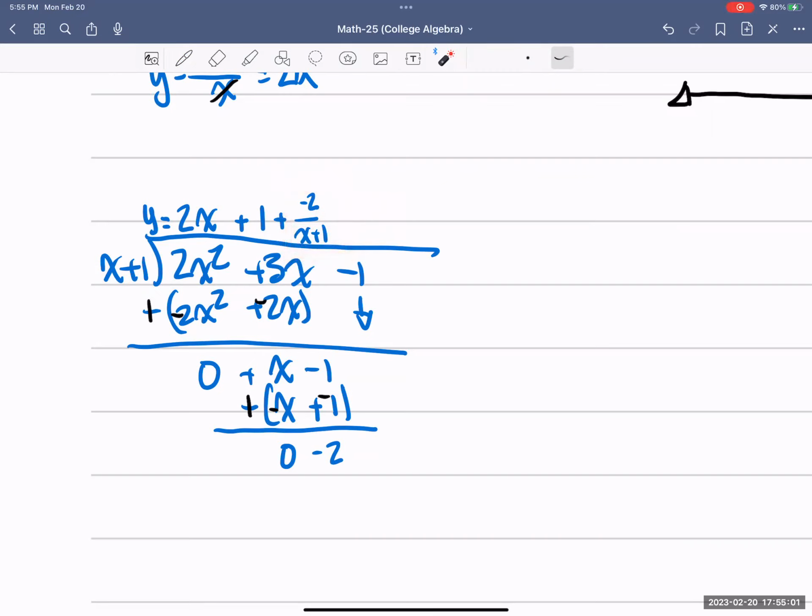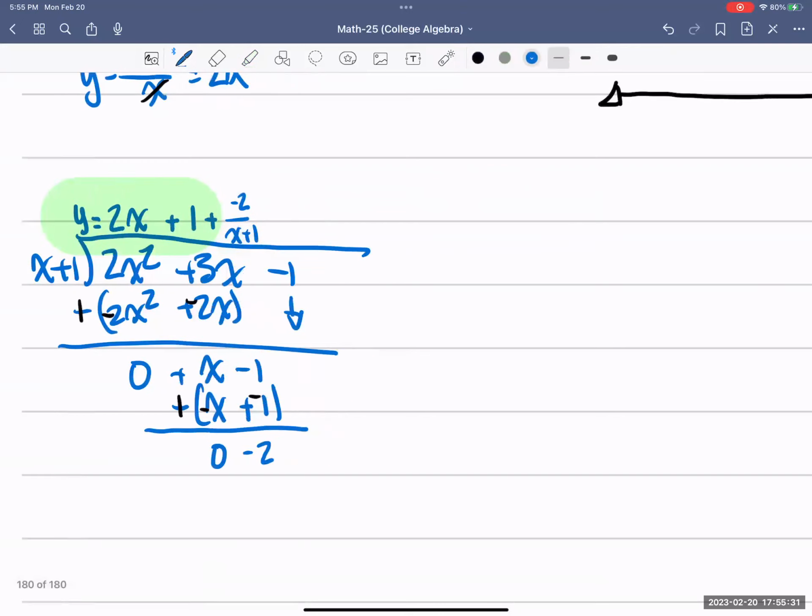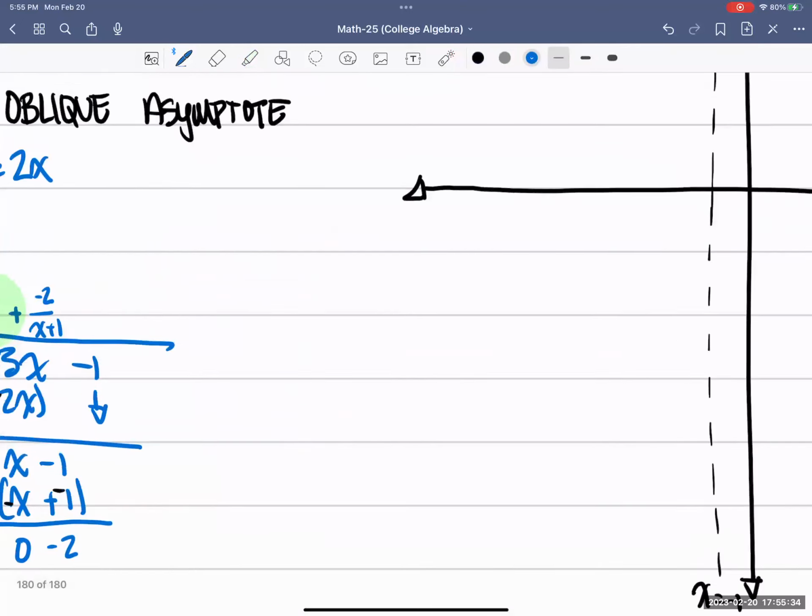So as we plug really big numbers in there, this becomes less and less important to the actual function of the graph. So this here ends up being our oblique asymptote. So y is equal to 2x plus 1. That's what we're going to graph as our oblique asymptote.